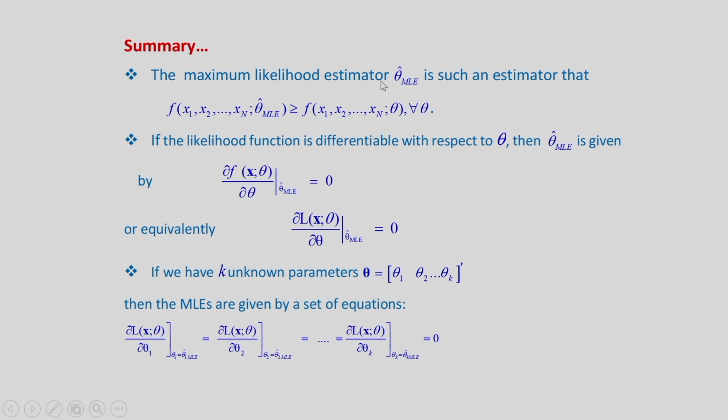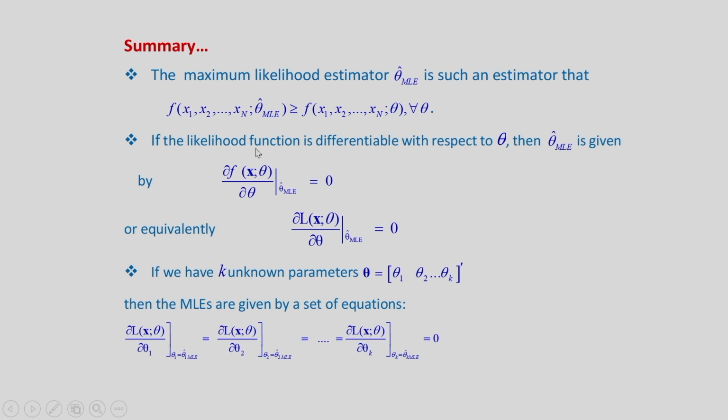Then we discussed the maximum likelihood estimator. Theta hat MLE is such an estimator that the likelihood function at theta hat MLE is greater than or equal to the likelihood function at any other theta. That is true for all theta. This is the likelihood principle.